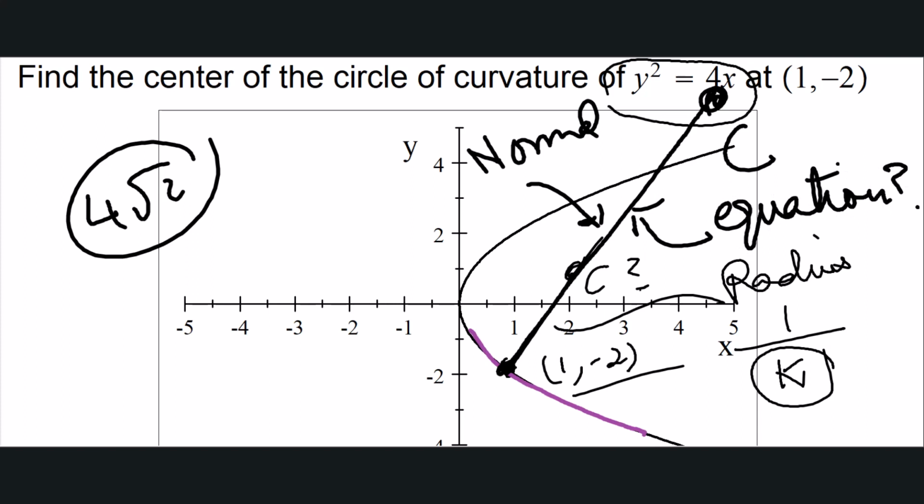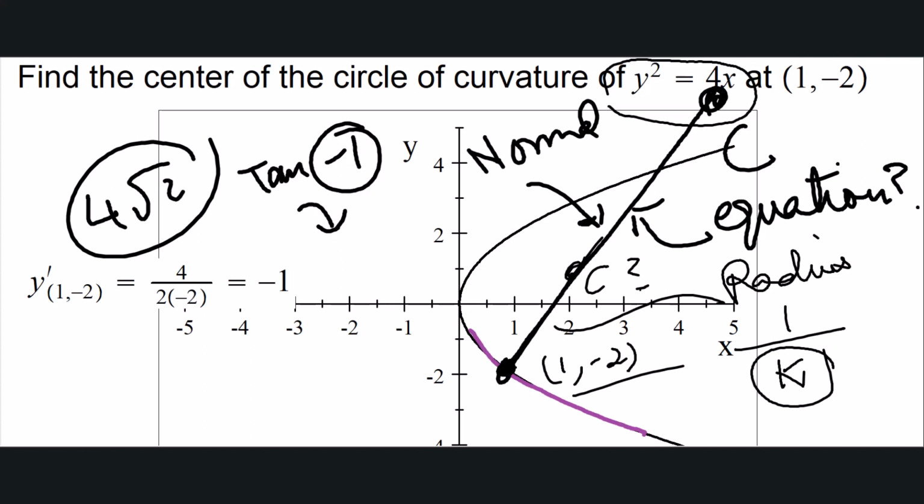Now if we want the equation of this normal line, let us recall that we had calculated that y prime is -1 at this point here. So since y prime, or the slope of the tangent line, is -1, for the normal line what will the slope be?